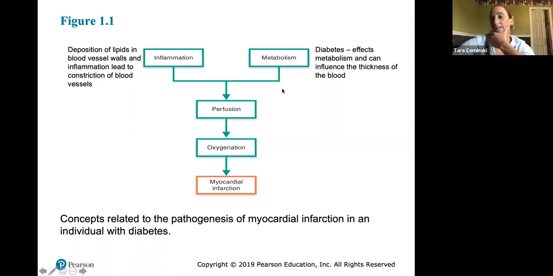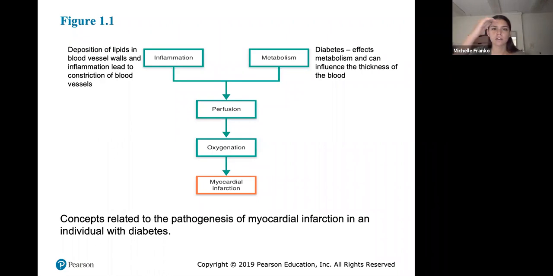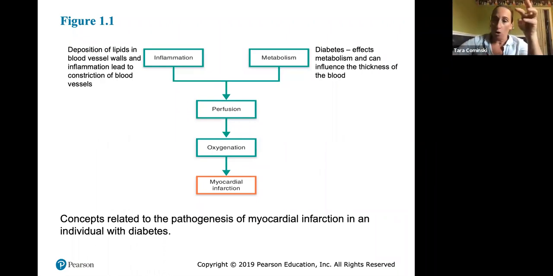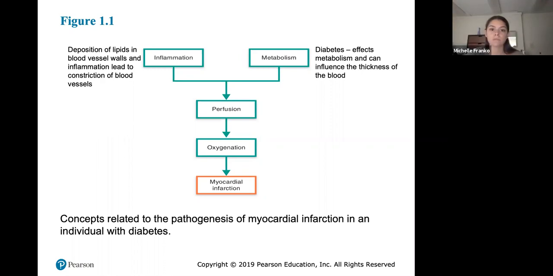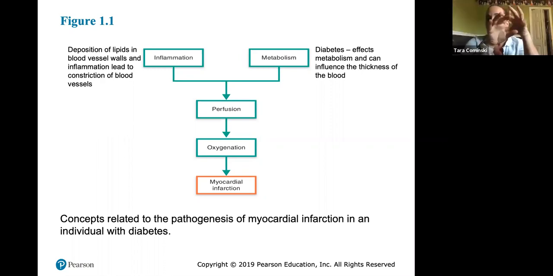Correct. Yep. And so in this case, we're talking about heart tissue. So in the heart tissue, where is that oxygen going? Through the veins and arteries? Well, it's in the arteries, and then it's going to go to the capillaries, right?